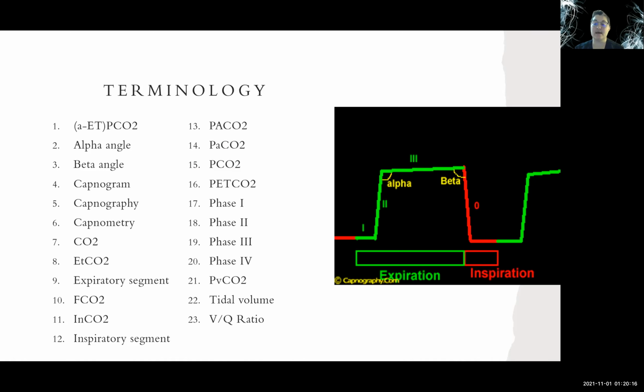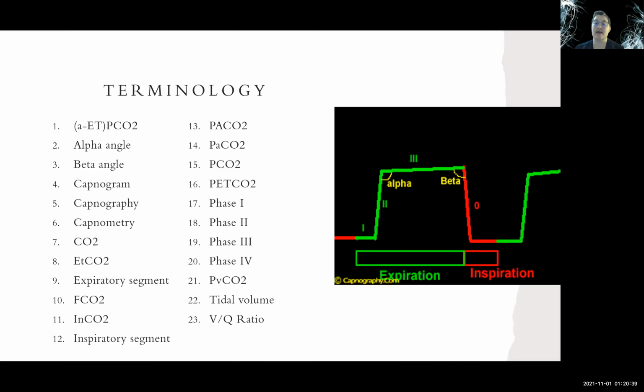Next one, PaCO2. Now, there are 2 different ones, as you can see. There's one that has a capital A and one that has a lowercase a. They are different. The one that has the capital A, so PACO2, all capital letters, this is the partial pressure of carbon dioxide in the alveoli.